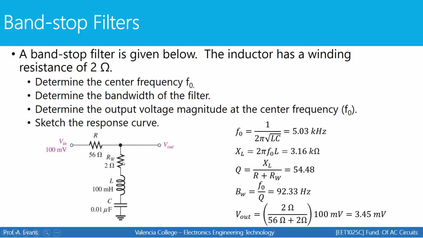So if I set up a voltage divider to find Vout, which is the voltage across this branch at resonance, my voltage divider would have RW divided by RW plus R times the input voltage. Remember, this is a band stop filter, so at the center frequency, this represents your minimum output voltage. The lowest voltage you will get out will be at resonance.